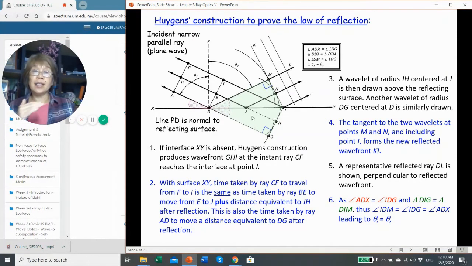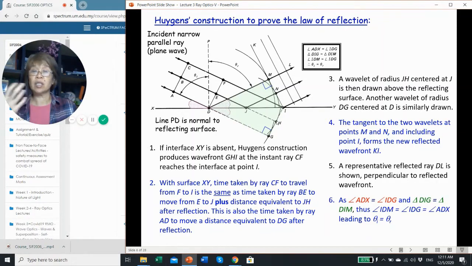But when this reflecting surface is there, the time taken for this ray to travel from F to I will be the same as the time taken for this ray to travel an equivalent distance of DG. And then likewise, for this beam, it would be the time taken to travel from E to J plus an equivalent distance of J to H.